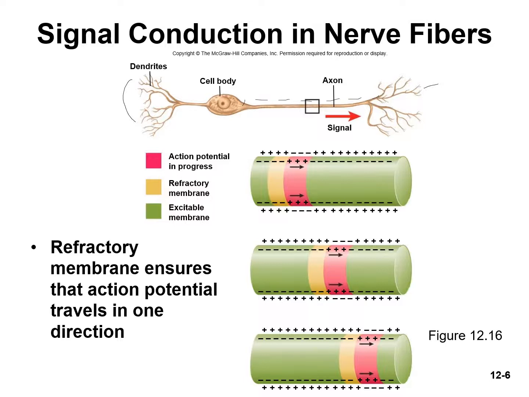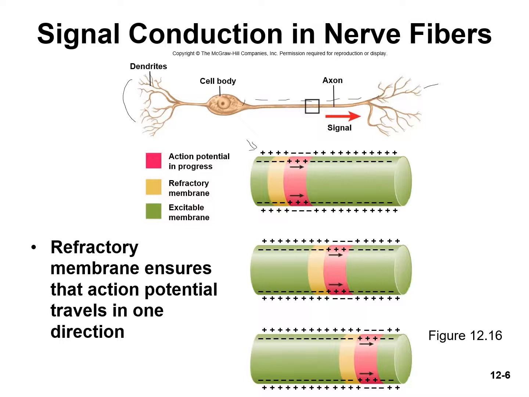So what this is showing is basically just a depiction of a section of an axon here. And you'll see your more positive ion concentration outside the axon here, your more negative concentration inside, except it's basically switched during this action potential itself.